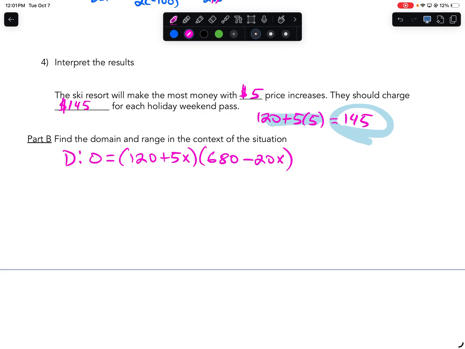You may or may not remember from Algebra 1, because it was a long time ago, we can use what's called the zero product property, and we take each of those parentheses, set equal to 0, and solve for x. And that'll help us figure out the domain.